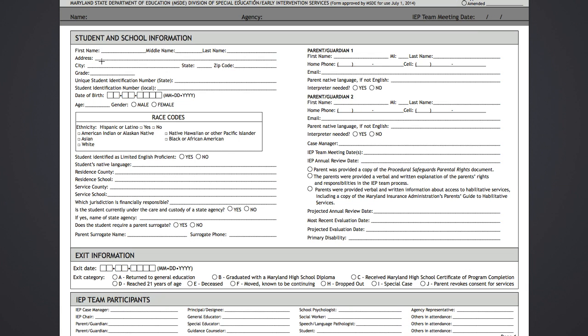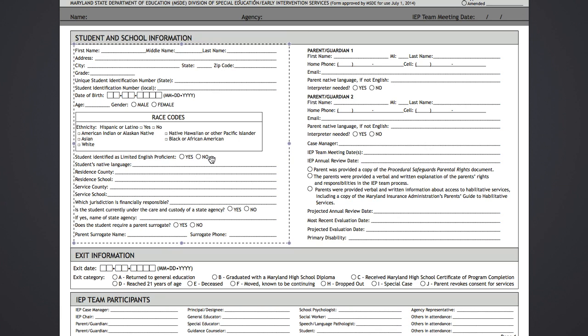So as you continue to look down this side of the page, you'll notice that student demographic information is here on the left-hand side. The student's name, address, all of the other unique information about the student, the local ID number that's been assigned by the local school system, the date of birth, the age, the gender, and the race.